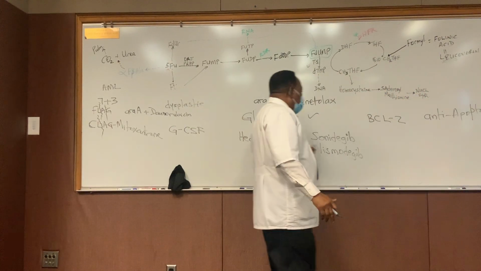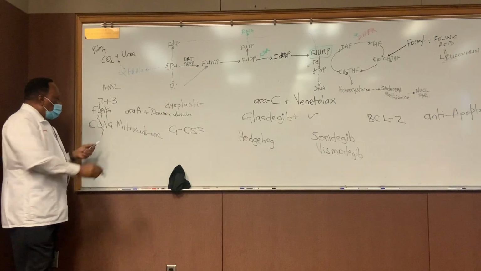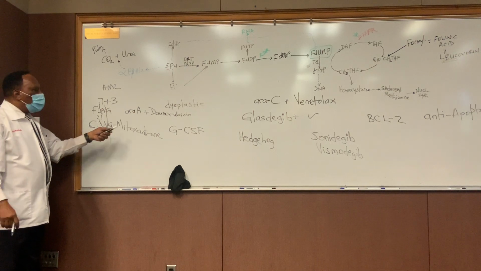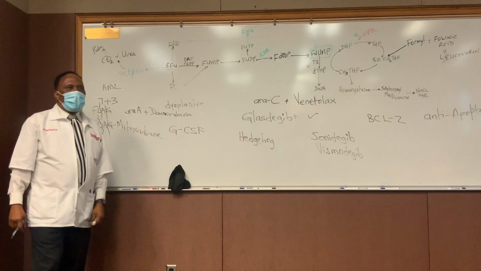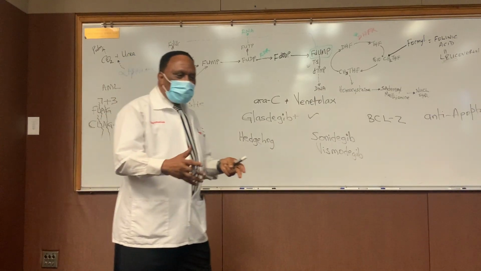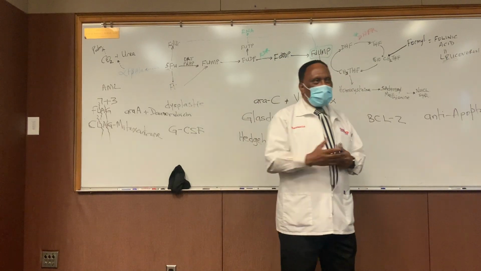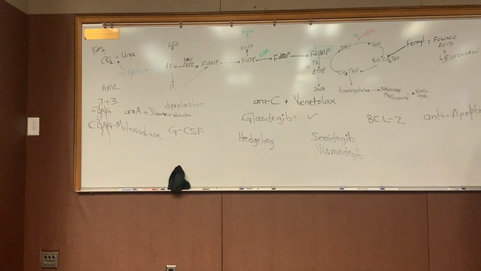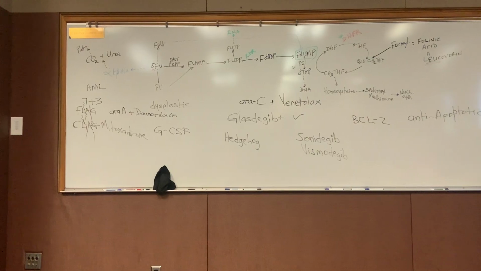So cladribine, and then ARA-C, and then your GCSF, and then plus mitoxantrone. All of those are used for the management of AML. Okay. So we've basically touched on what we want to do here. So that's area A. We've got the indications there.